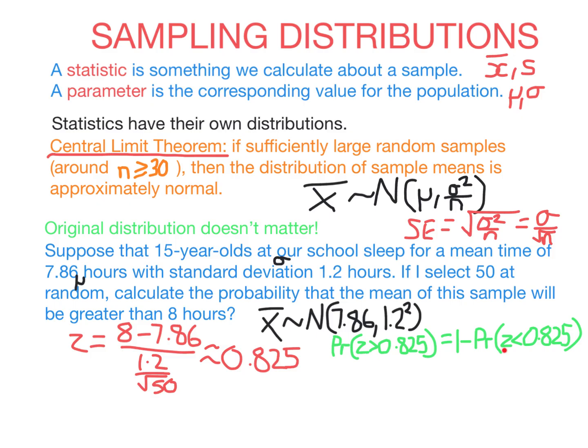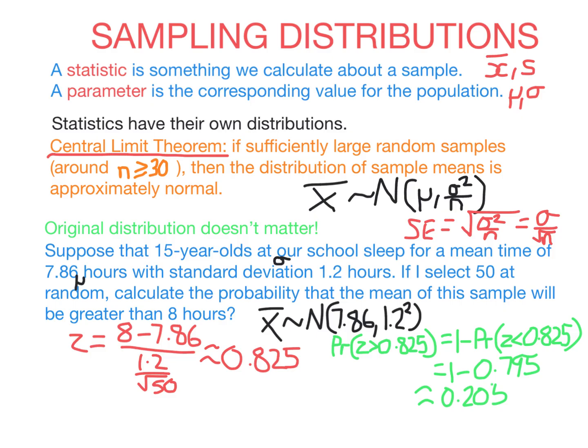We can only calculate the probability z is less than a number. So whether we use the table or technology, the probability of z being less than 0.825 is about 0.795. That gives us a final answer of approximately 0.205.